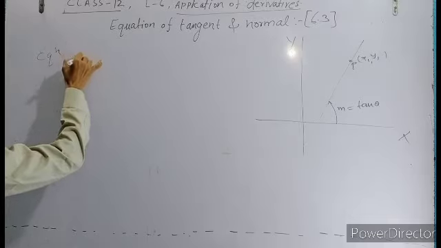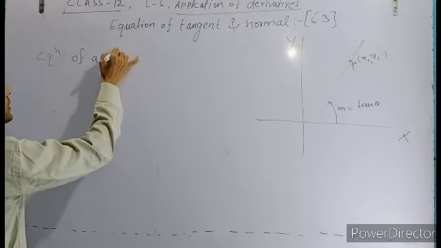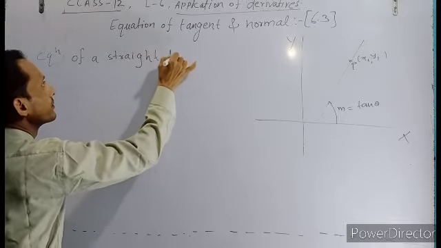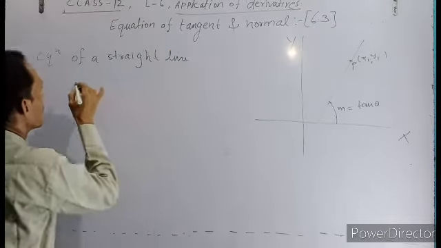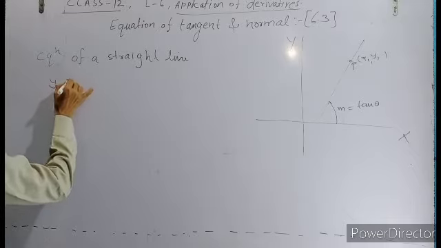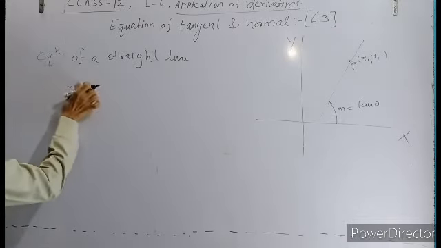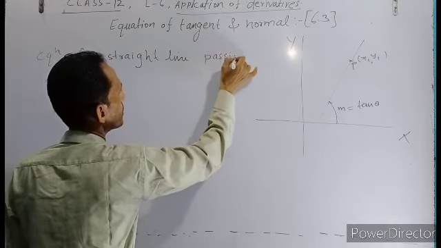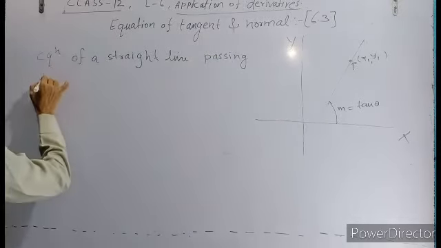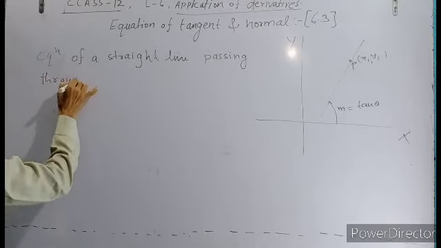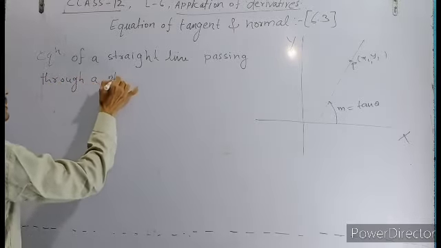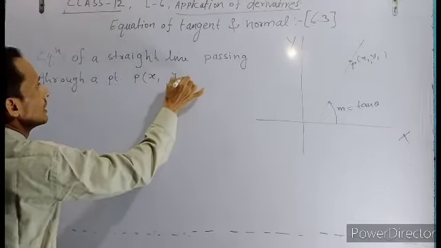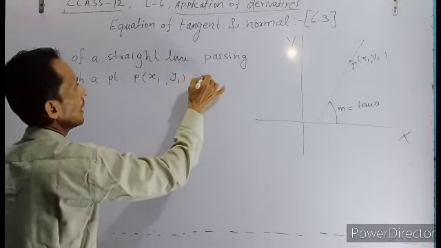Equation of a straight line passing through a point P (x1, y1) and having slope m.